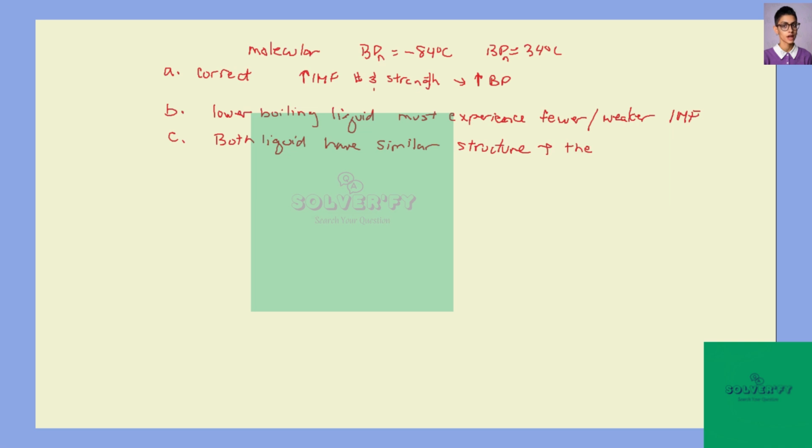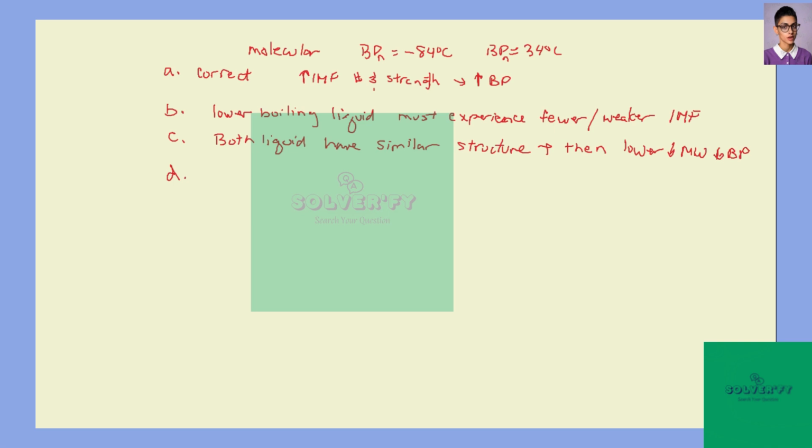Then the lower the molecular weight, the lower the boiling point will be, because molecular weight is going to affect the polarizability of the molecule. The less polarizable it is, the weaker the intermolecular forces, the weaker the London dispersion forces are.